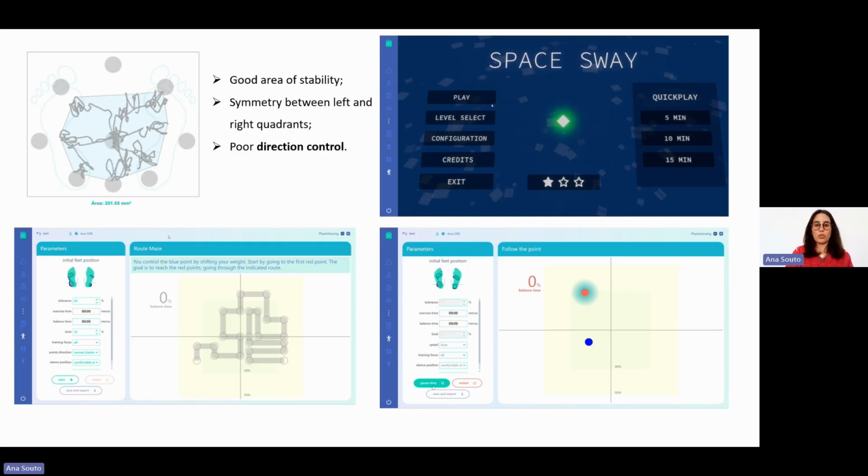Or a game that also uses controlled movements to lead the glowing triangle towards the target in all planes of movement, because here there is not a symmetry problem, it is a poor directional control, and it's general to every direction, so we need to work in every direction.